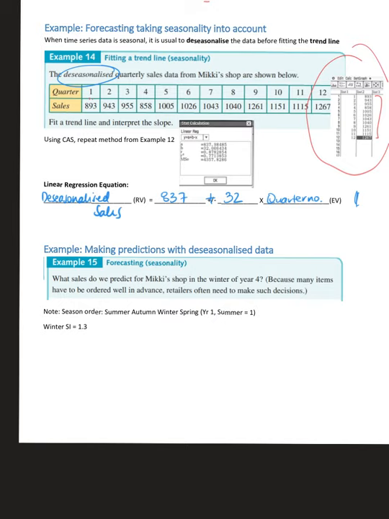So first of all, I need to work out where winter of year 4 is. So the season order is summer, autumn, winter, spring, summer, autumn, winter, spring, etc. So I've got year 1, year 2, year 3, and I want winter of year 4. So that is going to be 14, 15, 16, 14.